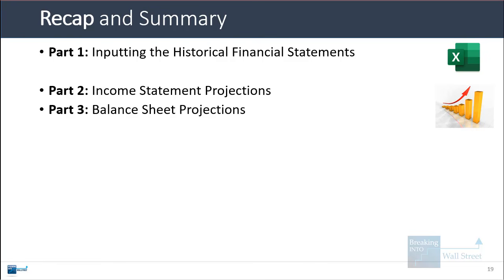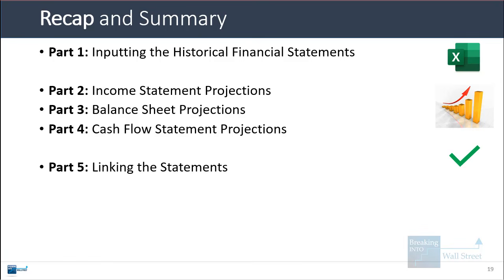The balance sheet projections for working capital were also fairly simple. Most items are simple percentages of revenue, COGS, or OPEX. And then the cash flow statement projections, most of these, like CapEx and D&A, can be simple percentages of revenue as well. We then linked the statements, and you saw how each item, such as the cash and the common shareholders' equity, depends on the previous number, plus whatever changes and new line items take place in this period.